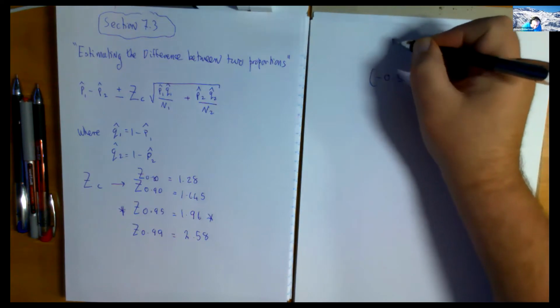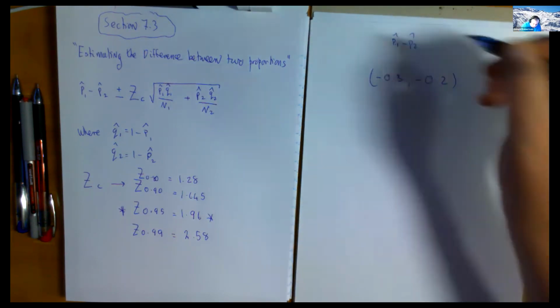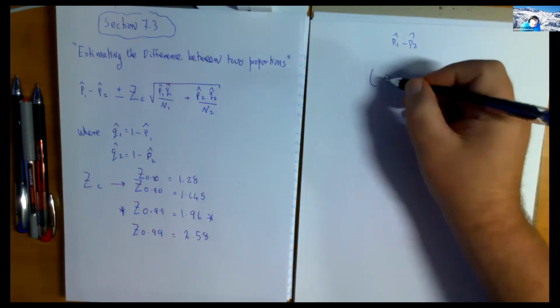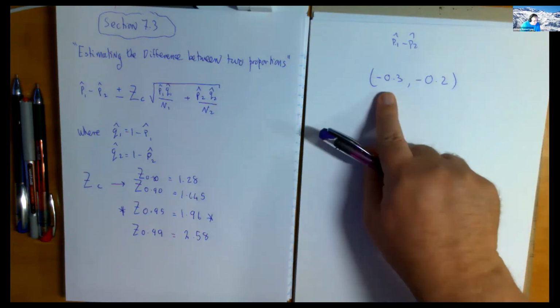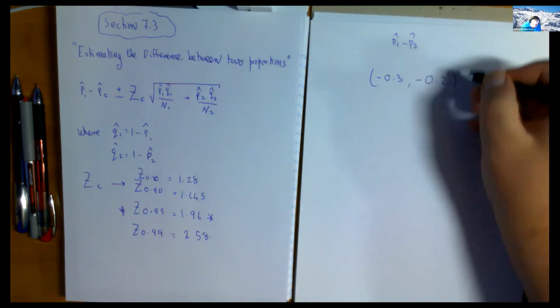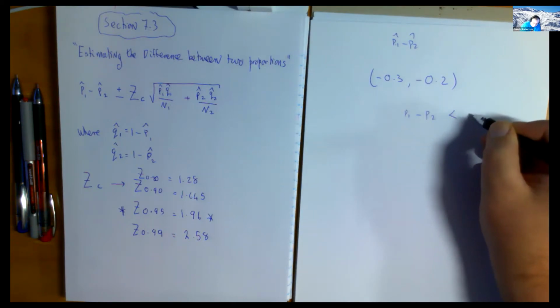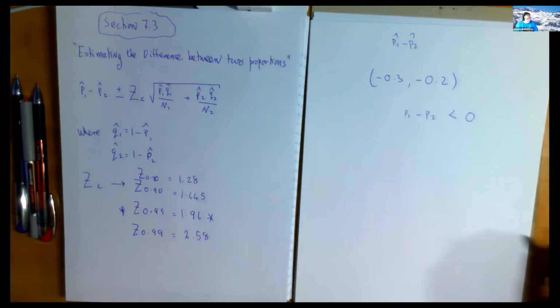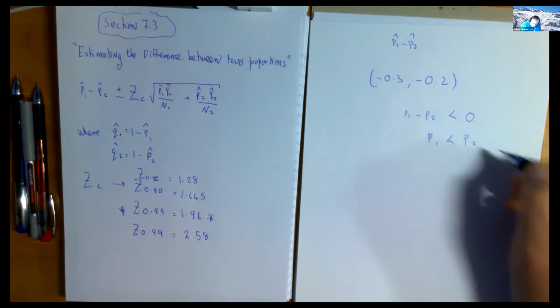Now remember, this is P1 take away P2, first guy take away second. Since all the numbers in this interval are negative, doesn't that make P1 take away P2 probably negative? And then that means this is true.